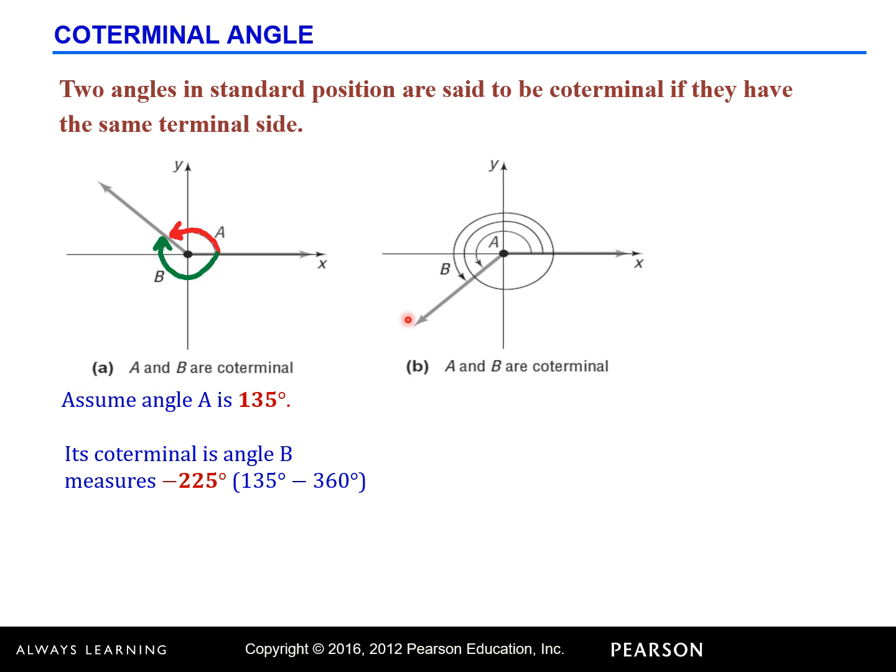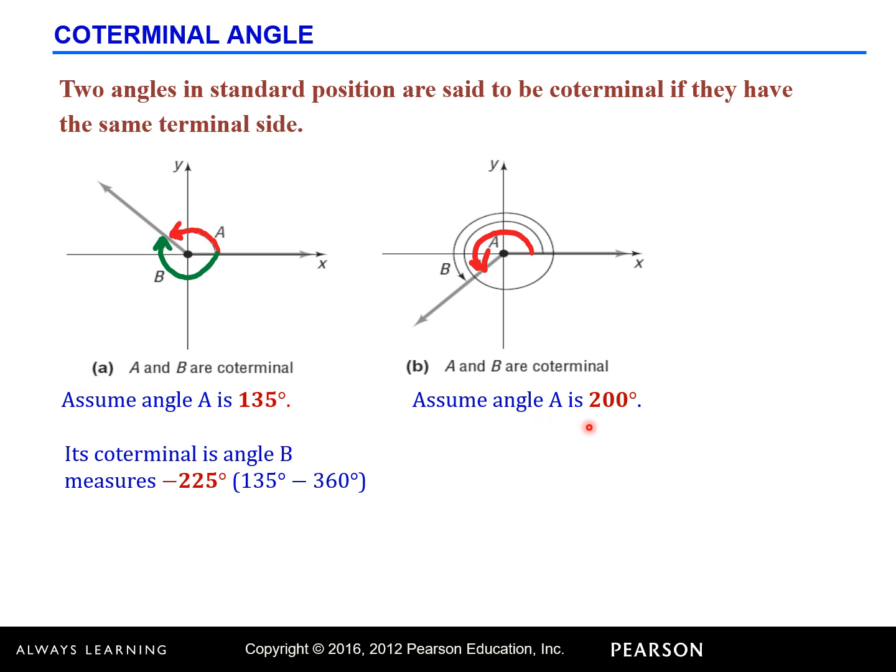Another example, in this second figure, is a positive angle A and a positive angle B. Since angle A is more than 180, let us assume its measure is 200 degrees.